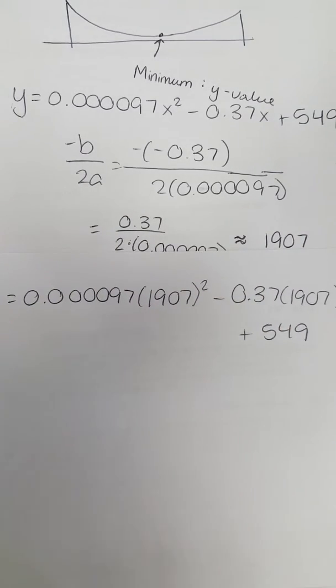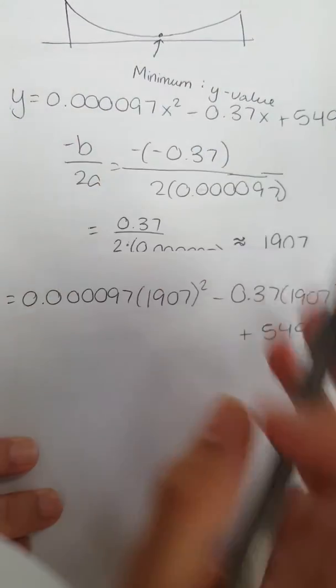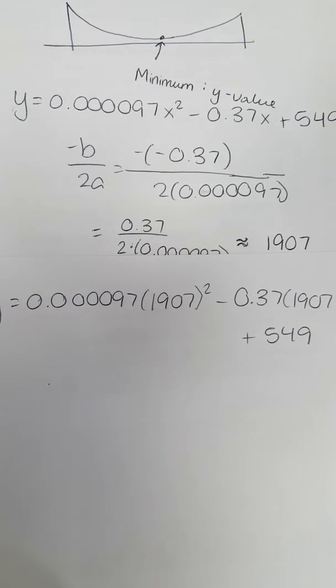Now again, could we do this by hand? Yes, but it would take a while. So use your calculator, plug it in, and check with your neighbors to see if you get the same minimum value. Okay, what is the minimum value that you get?